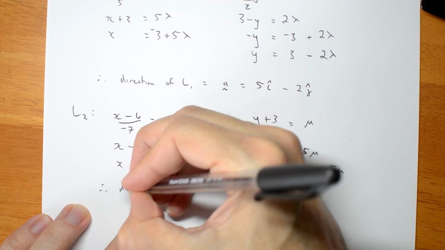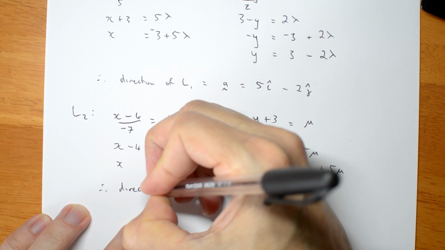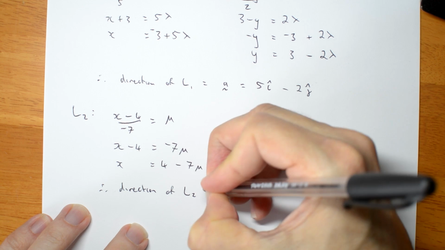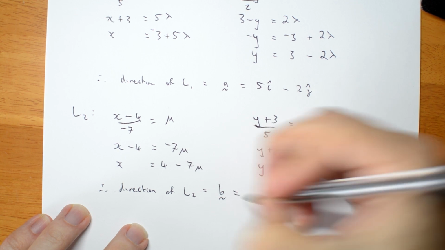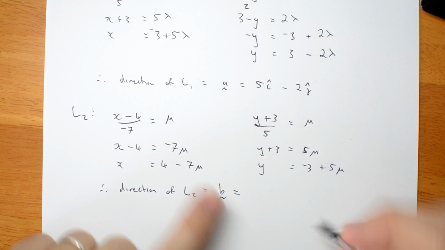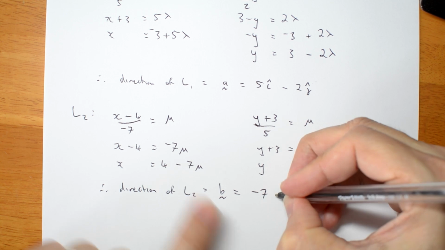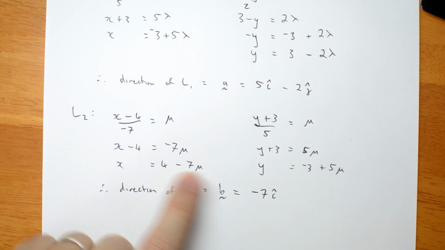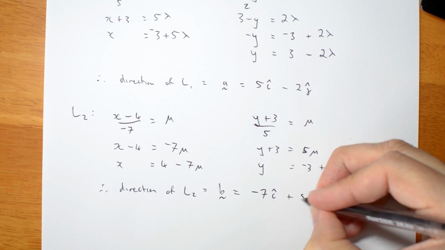So, in the same way, the direction of L2 is given by a vector we'll call B. This is the fixed point, this is the direction. Negative 7i, that's the x-coordinate, and the y-coordinate, plus 5j.